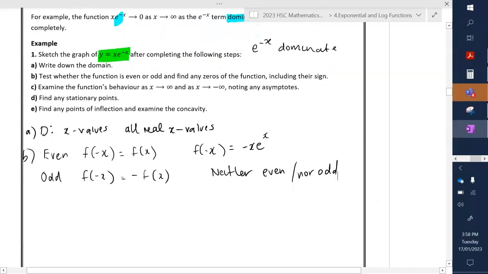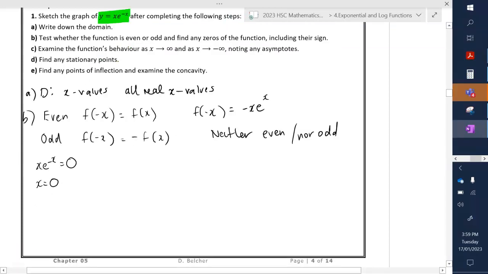Okay, so we're finding whether there's any zeros. So zeros happen when our function is crossing the x-axis, and that happens when y is 0. So that would happen when x e to the minus x is equal to 0. That's going to happen when x equals 0. And e to the minus x can't equal 0, so it's only going to happen as x equals 0. So that's going to be our only 0. So we want to have a look at the sign of the function as well.